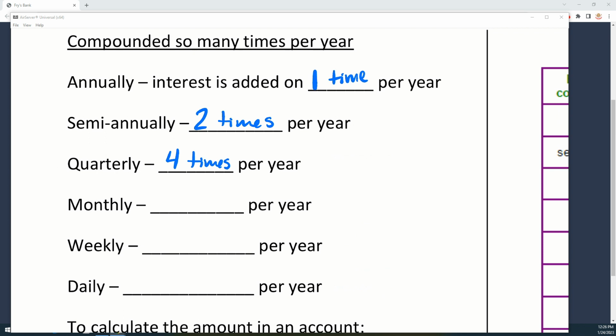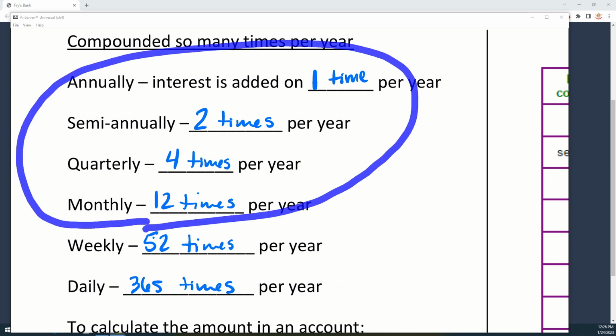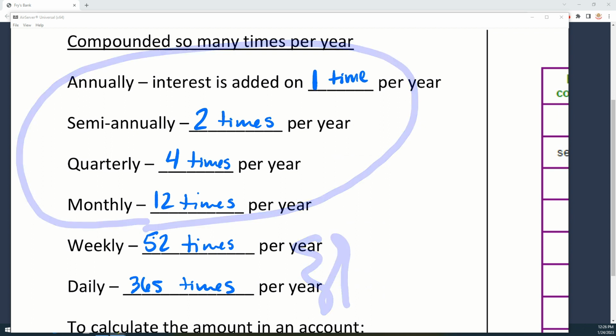Monthly? 12. Weekly? Yes. And then daily is 365. Now, most of the time, it's these top 4. It's rare that you see weekly or daily in these problems.